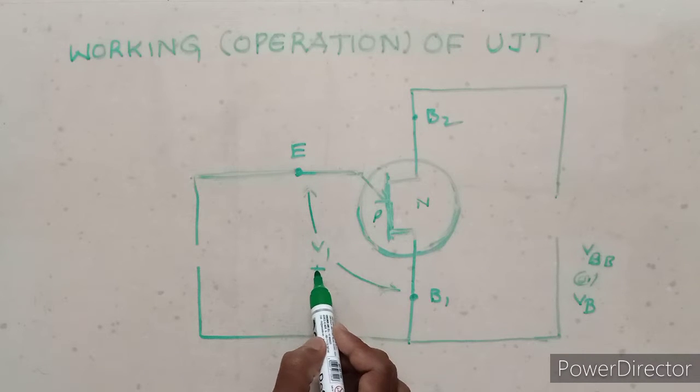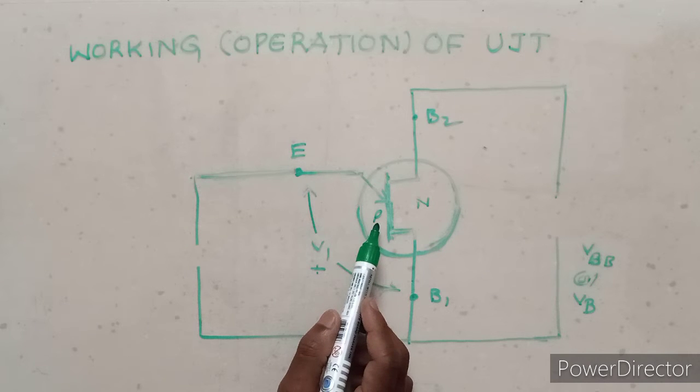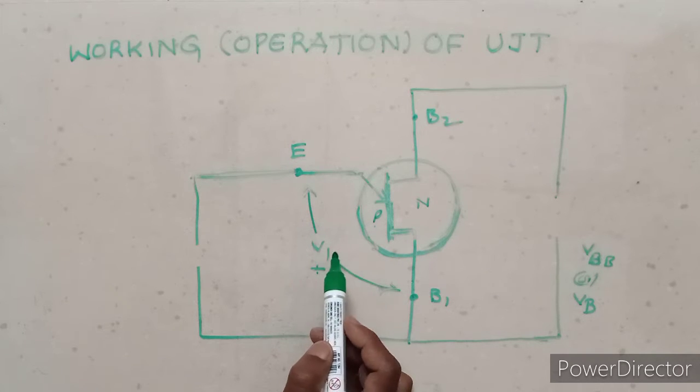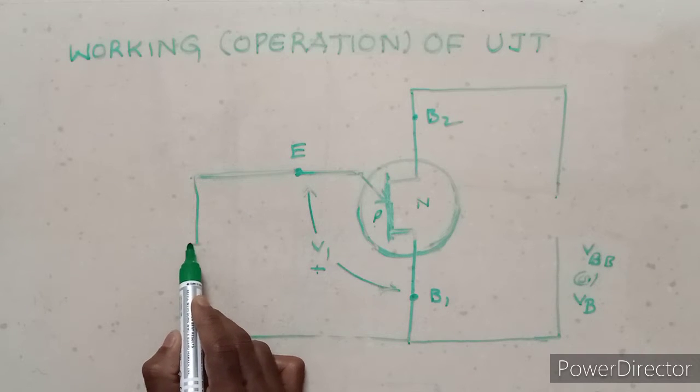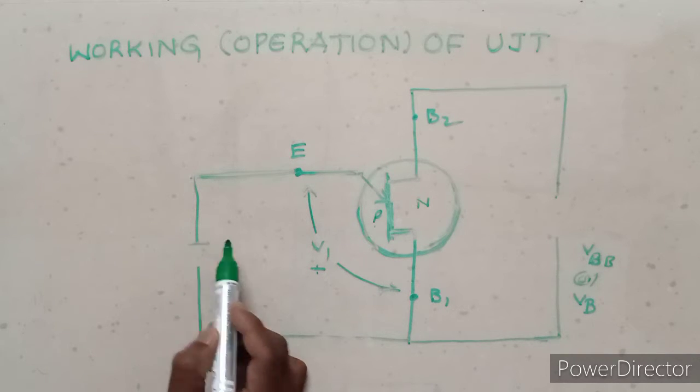This voltage V1 makes a reverse bias on the PN junction. So this is the positive terminal and this is the negative terminal.